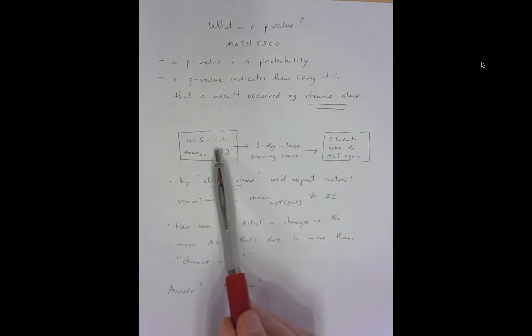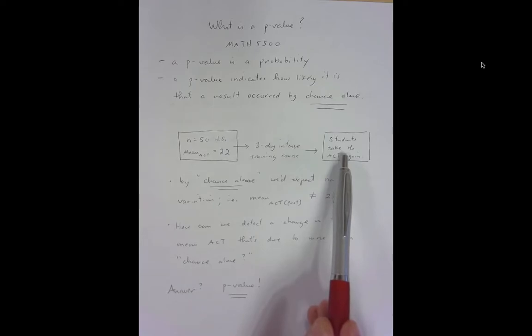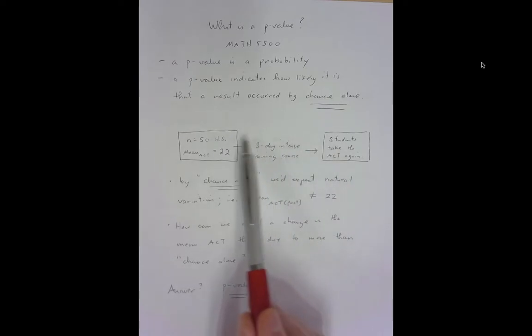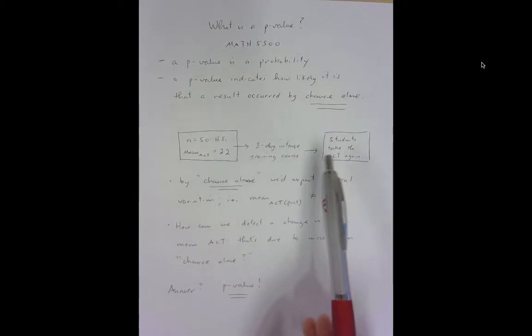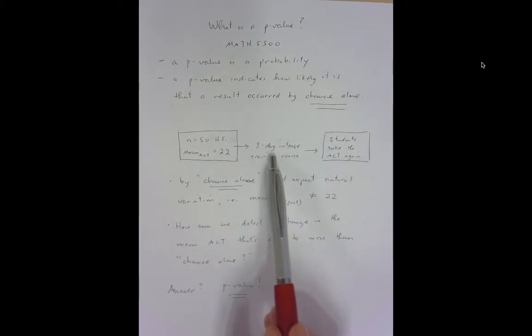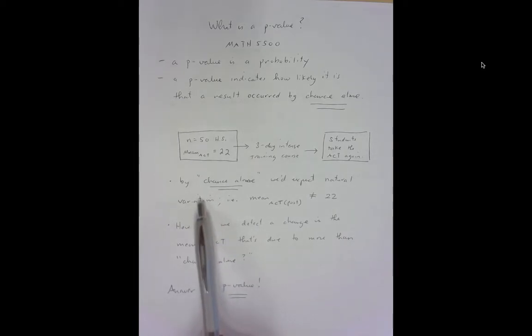So we expect some sort of what I would call natural variation just by random chance. But when can we tap into that variation as being different enough to where we can give credit to this 3-day intense training course? So again, by chance alone, we'd expect a natural variation.